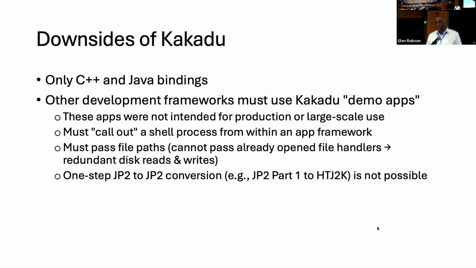And anything you want to do, you usually have to shell out or fork a process, and that just does not work in a production environment. And there's no one-to-one mapping between the original old school JPEG 2000 and HTJ2K.